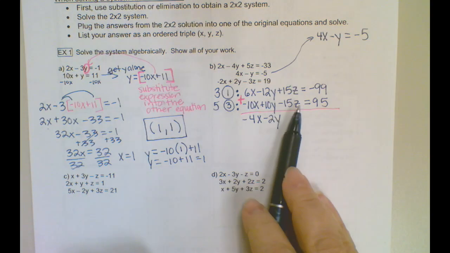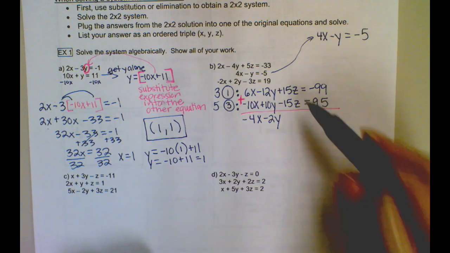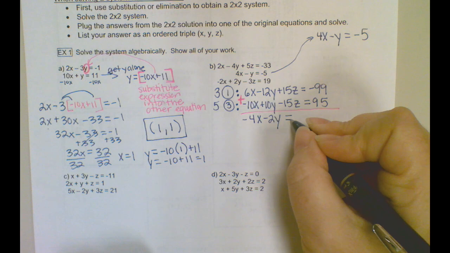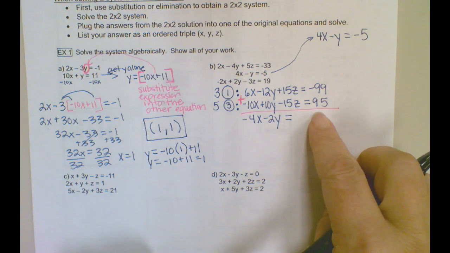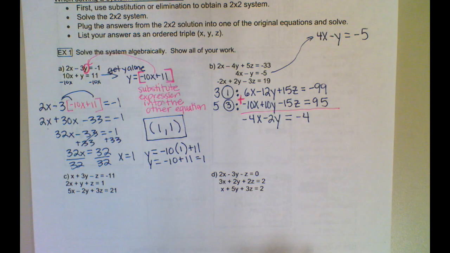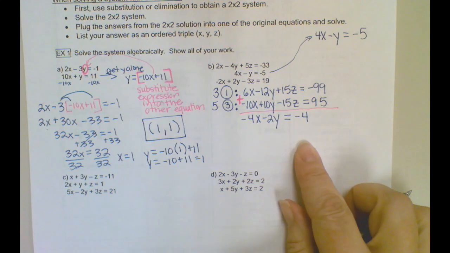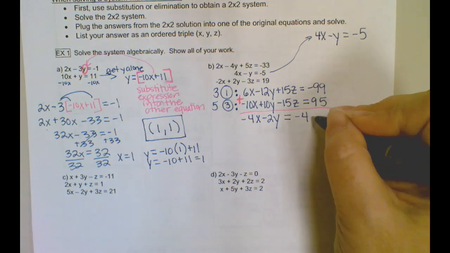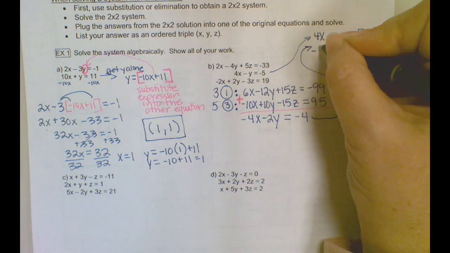The z's were opposites, the whole purpose of that is to eliminate them because they become 0. So those go away. Negative 99 plus positive 95 is negative 4. So this is the other half of my 2 by 2 system. So I take this guy and put it up here.